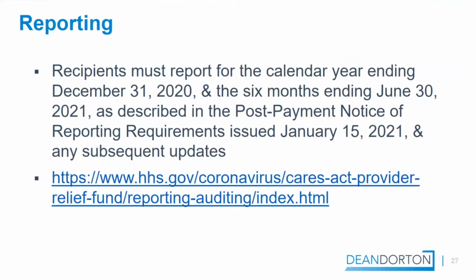Between July 1 and July 31st, you'll have to report on how you used those remaining funds. Any funds you're unable to use by June 30th, you'll be required to return back to HHS. I know that's very complicated, so obviously let us know if you have any questions.